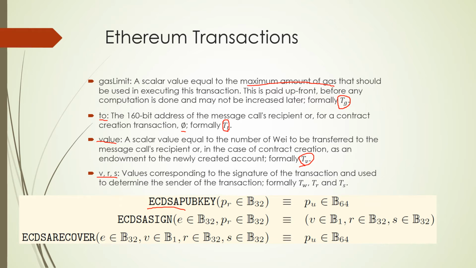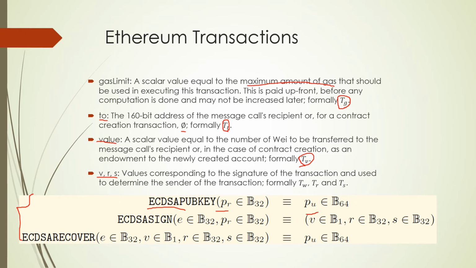And as you see, using these formulas and these operations that you will see in this slide, we can make V, R, S, the public key and private key related to each other, and using some mathematical operations, they can be converted to each other, and that's how the sender of the transaction is determined.